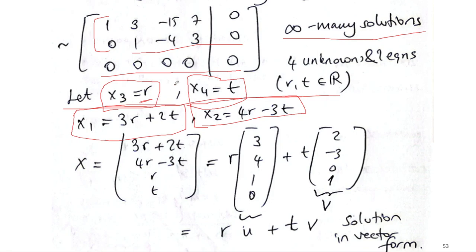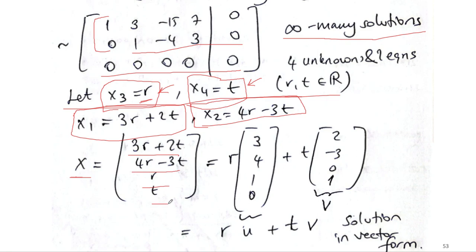Once we introduce these two equations, then the rest is just direct substitution to obtain x1 and x2. And once we want to write the final solution in terms of these parameters R and T, this is my x1, I already calculated here, x2, x3, and x4.